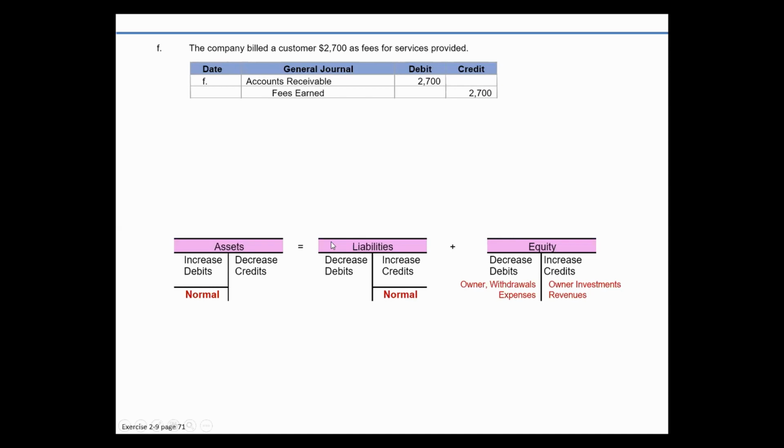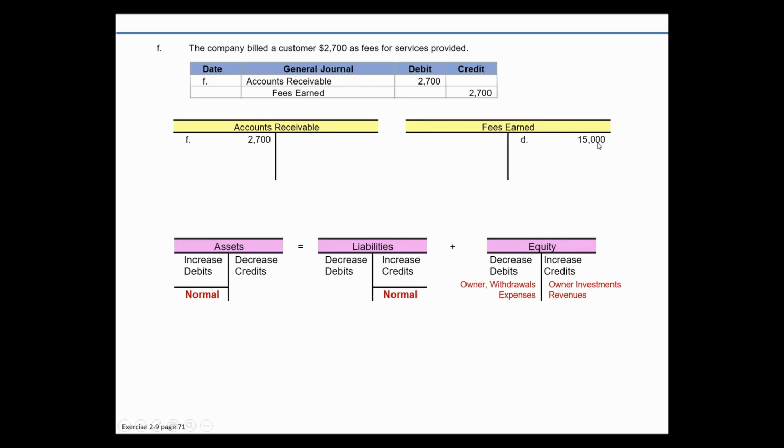And then we will credit fees earned because that's part of our equity section. And so to increase our revenues, and therefore the equity, we have to credit that. So we have accounts receivable, debit of $2,700, and fees earned as a credit, $2,700.